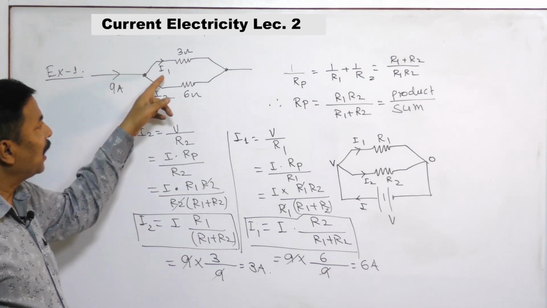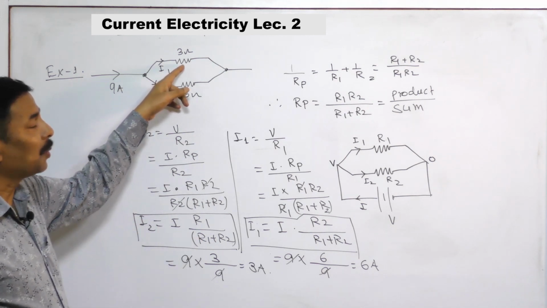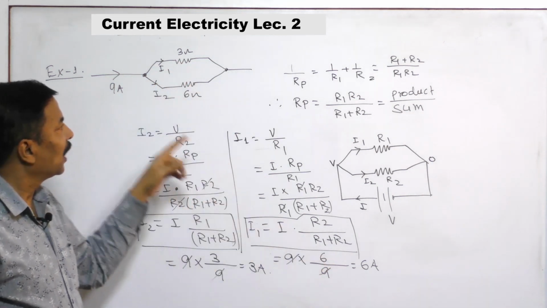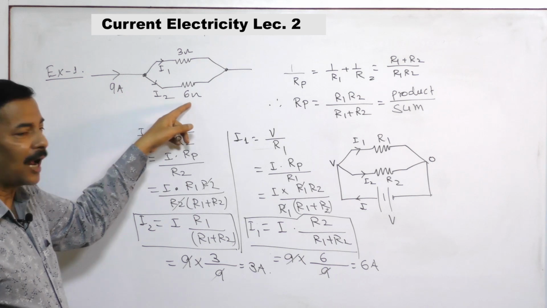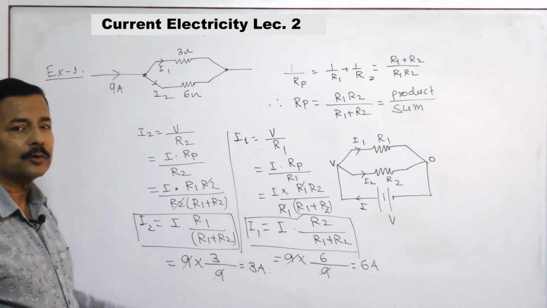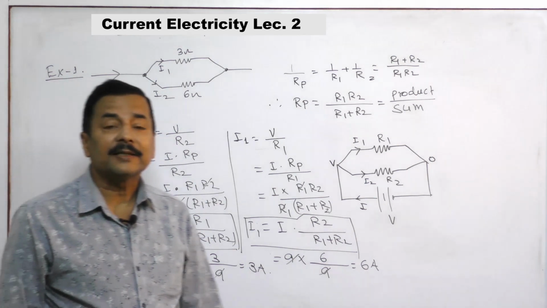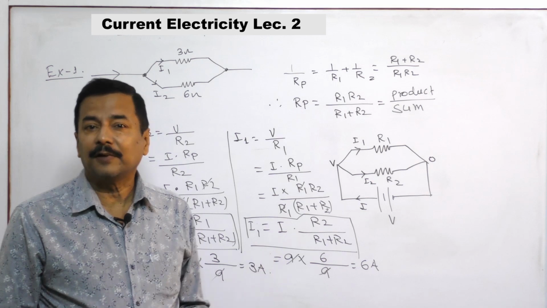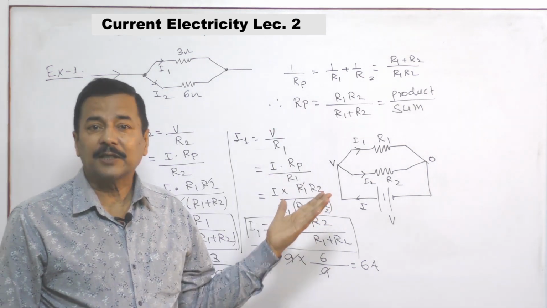See, I1 is the current through a smaller resistance, so it should have a larger value. I2 is the current through larger resistance, so it should have a smaller value. So this thing also you have understood, and by this example it will build up your base. It will make you more confident by understanding this concept.